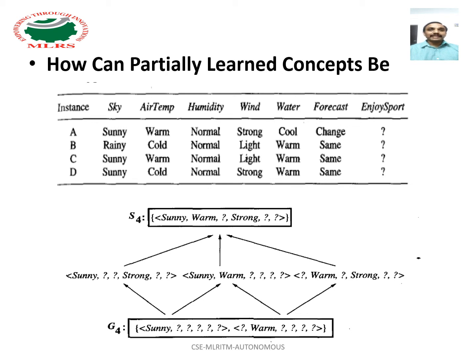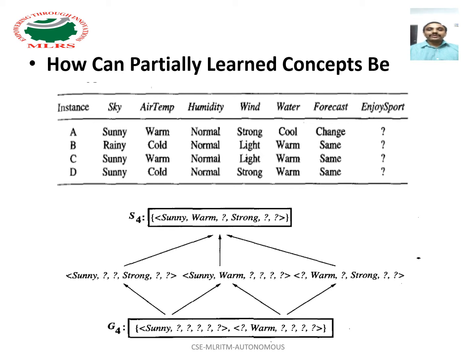That is the main drawback if you directly use the partially learned concepts. Next, take instance D. That instance D is satisfied by 2 hypotheses and not satisfied by the other 4 hypotheses. That means 2 hypotheses give positive and 4 hypotheses give negative.